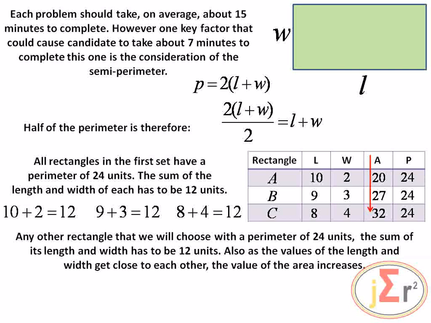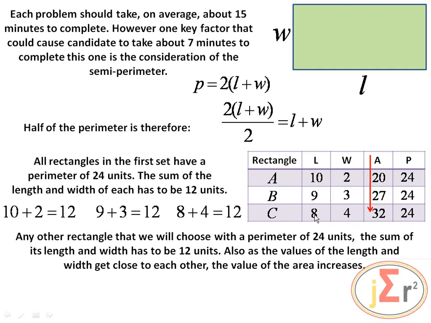Any other rectangle that we will choose with a perimeter of 24 units, the sum of its length and width has to be 12 units. Also, as the value of the length and the width gets close to each other, the value of the area increases. Notice that we have 10, 2. Area is 20. 9, 3. The area is 27. 8, 4. The area is 32.